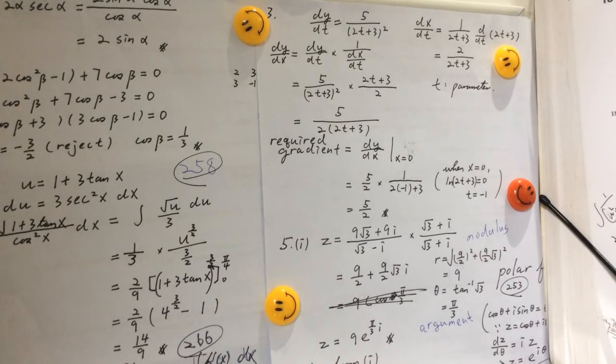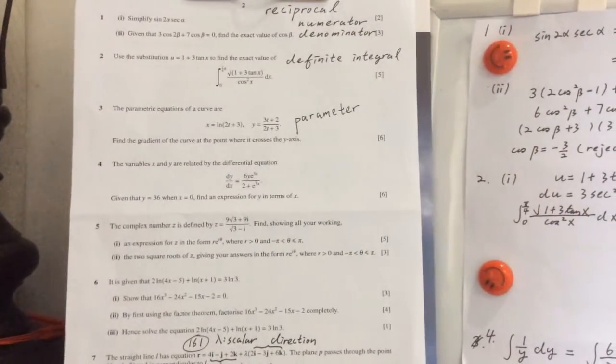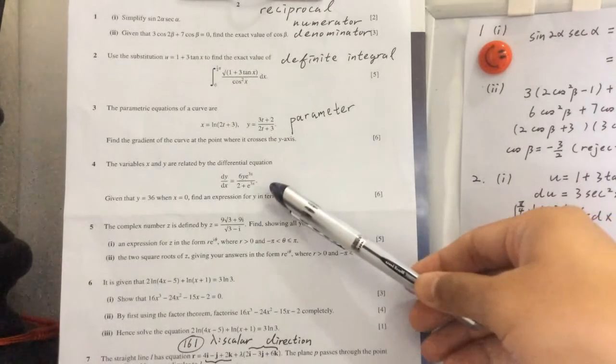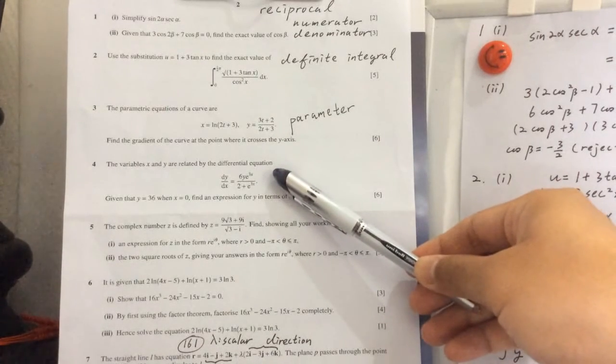Okay, question 4. Differential equation. So look at the differential equation. An equation involving derivatives, we call it a differential equation.